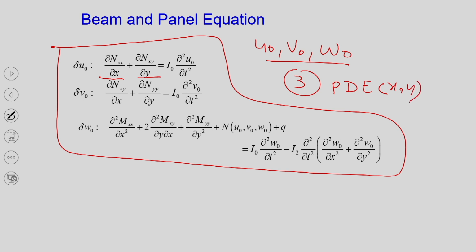If we have more primary variables, like in FSDT or in third order or higher order, maybe 7 primary variables, then we will have 7 corresponding partial differential equations. Why am I coming to this?